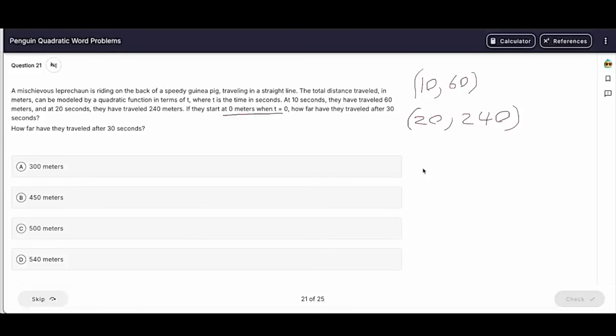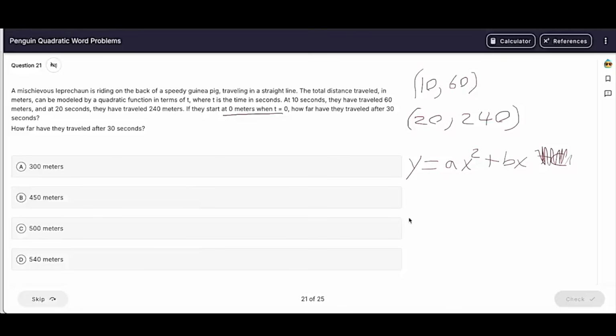So we can think about our standard form of a quadratic as y equals ax squared plus bx plus c. And because they gave us c equals 0, we could kind of ignore that part of it. So now what do? Well, we can plug these points in, right?